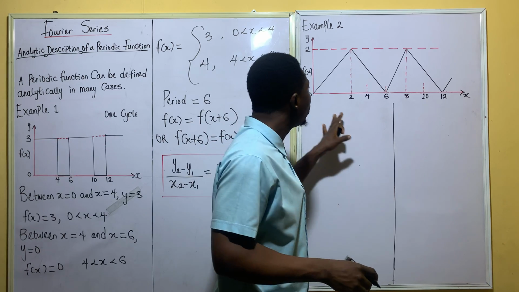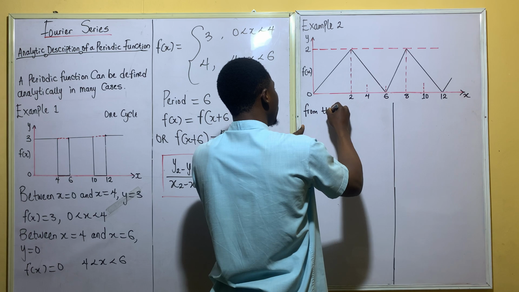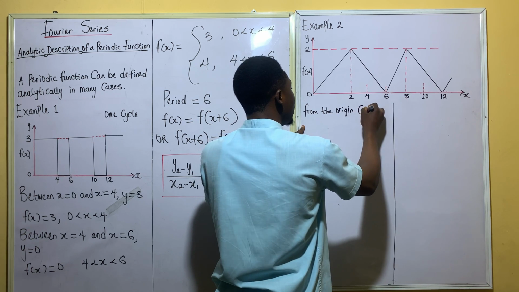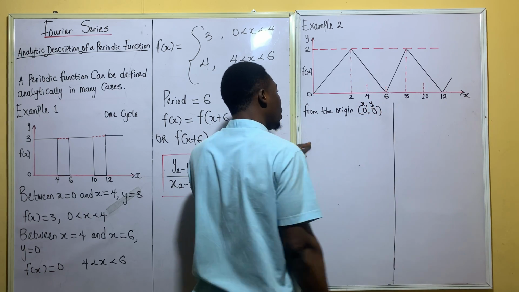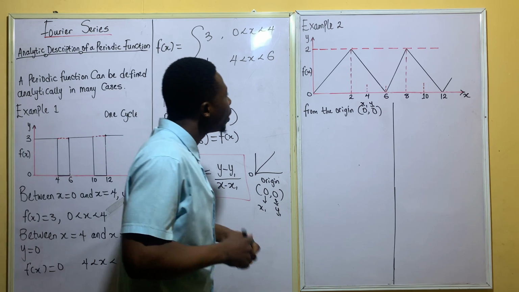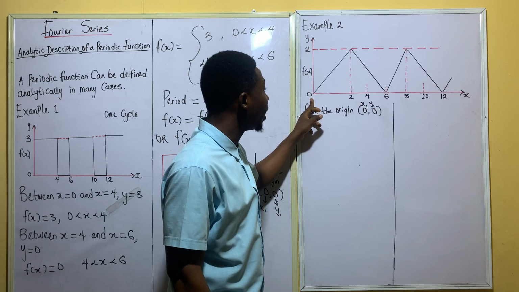Now, from the origin, we know that it's 0, 0. Of course, this is our x1 and this is our y1.